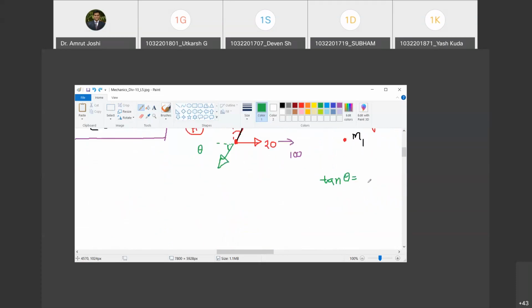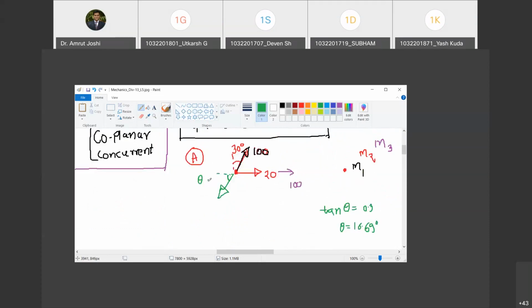Can you tell me what is theta? Theta is equal to 16.69 degree. So I have got this angle theta as 16.69 degree.